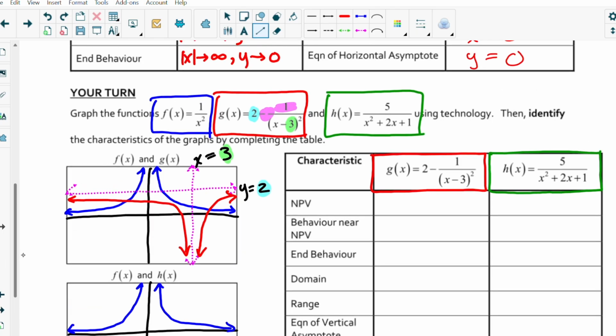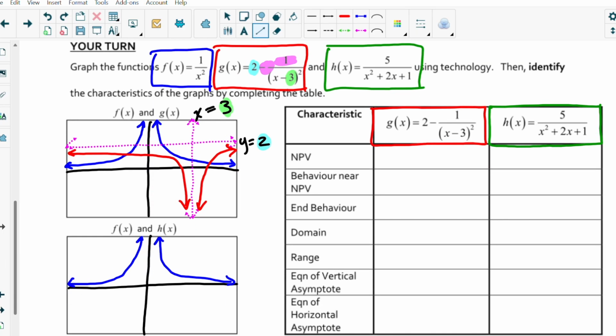For g of x, I know my asymptotes are going to be at x equals -1, because if I look at this denominator, x squared plus 2x plus 1 on h of x, if I factor that, that's x plus 1 times x plus 1, or x plus 1 squared. The non-permissible value is x equals -1. So my asymptote must be at x equals -1. So I'm going to draw that in, just like that, folks. Okay.